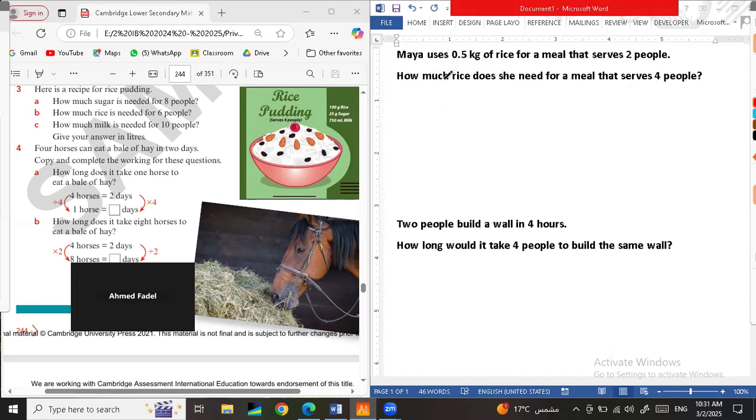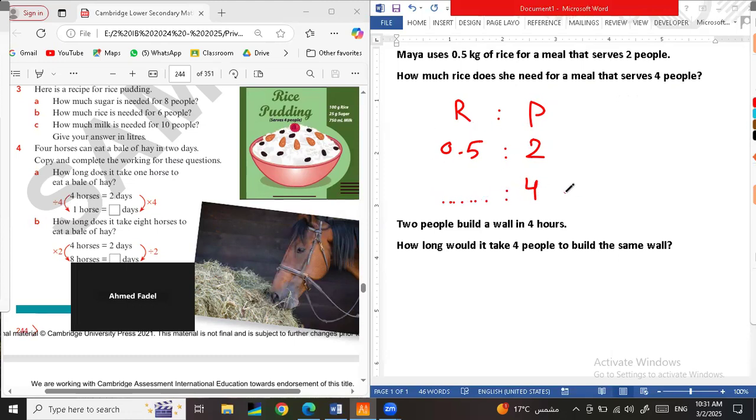For rice, we have 0.5 kilograms, and the number of people is two. So how much rice is needed for four people?